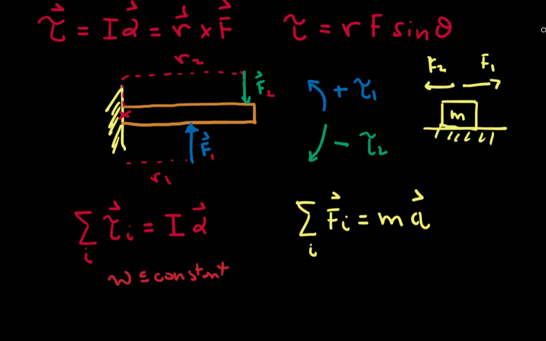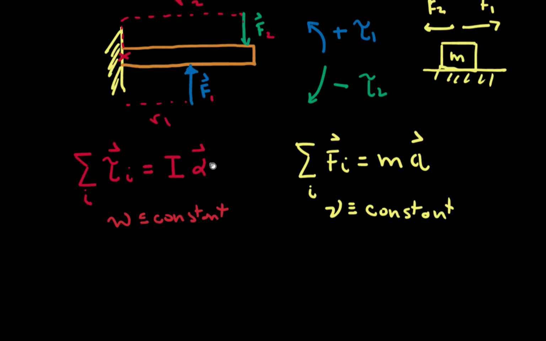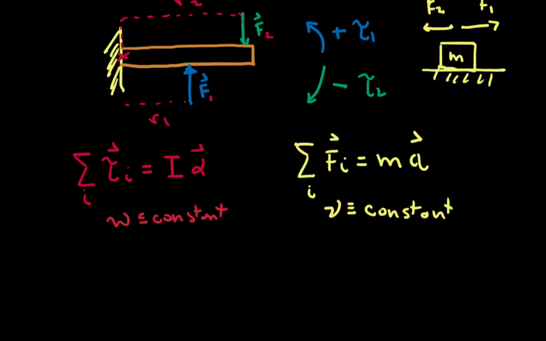In the same way that for forces, if the state of translational motion does not change, then the linear speed here is constant. And you know what happens here. This is called equilibrium.